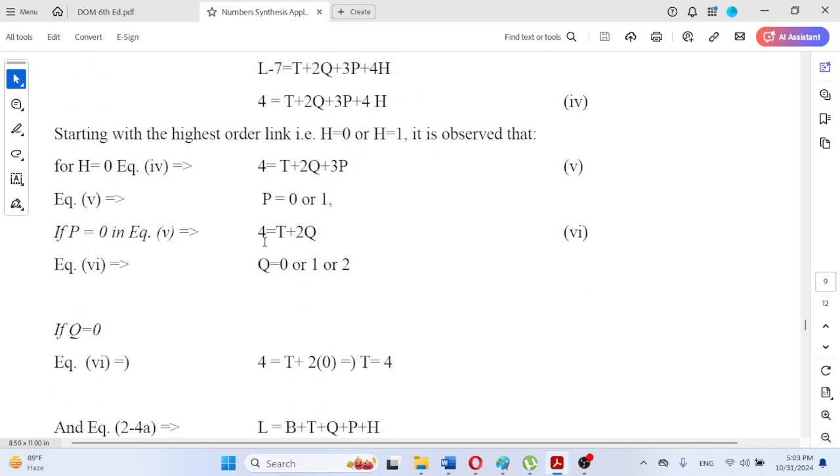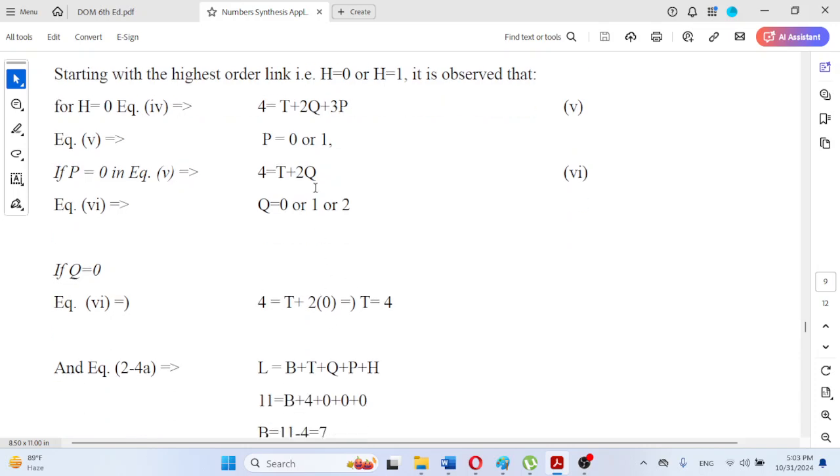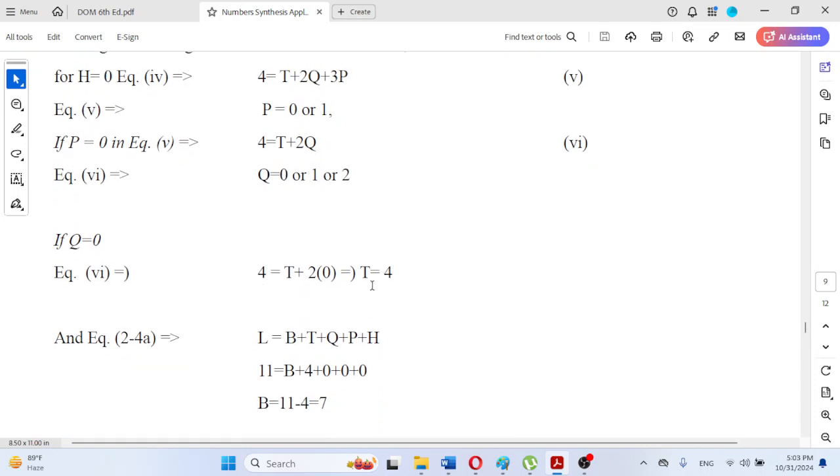So if P is equal to, for example, 0, that means T plus 2Q is equal to 4. And now again we will start testing Q, which can assume 0 or 1 or 2 values, and cannot be greater than 2, in a similar manner as I have already explained. So if Q is equal to 0, in this equation number 4, we can observe that T will come out to be equal to 4.